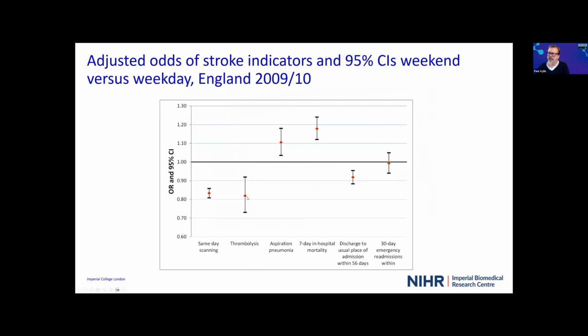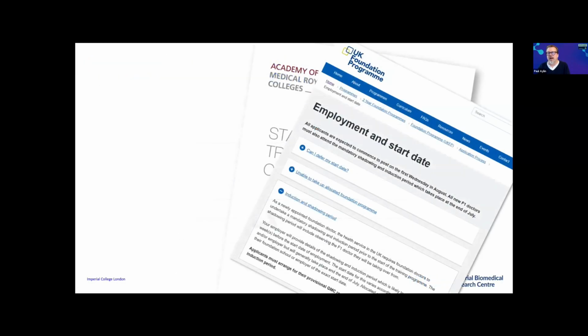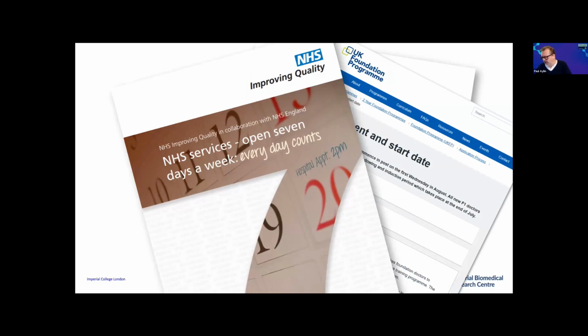You were less likely to have interventions like thrombolysis, that's dependent on the kind of stroke that you had at the time. And this sort of weekend work had a huge impact at the time in terms of the NHS moving to 7-day a week services. There were lots of aspirations around doing something about this.